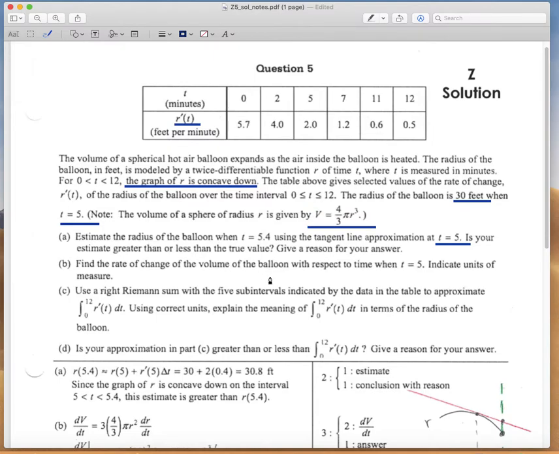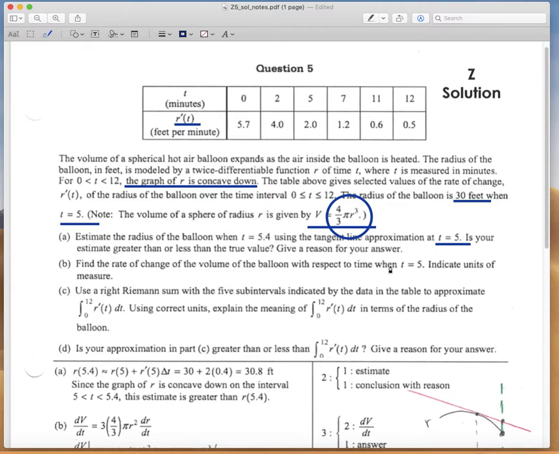Well, what if I take the derivative of both sides of this equation with respect to t, with respect to time? This will be dV/dt, and this is the sticky side. Remember, r is a function of time. As time goes on, r changes.